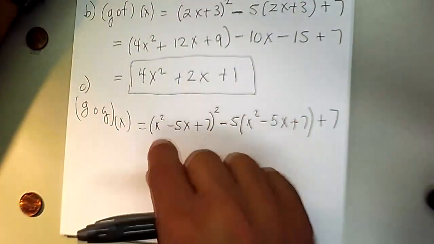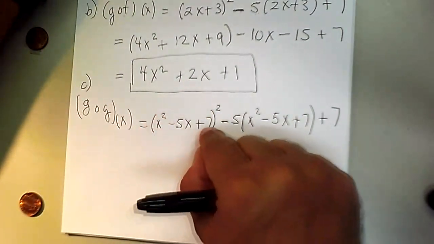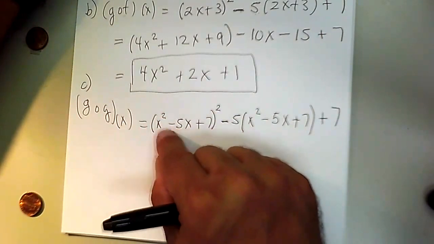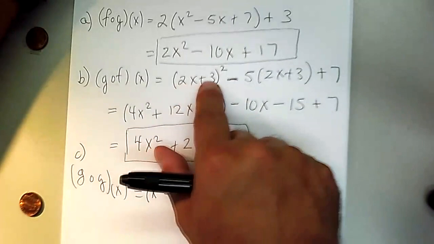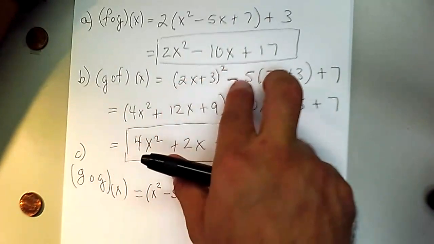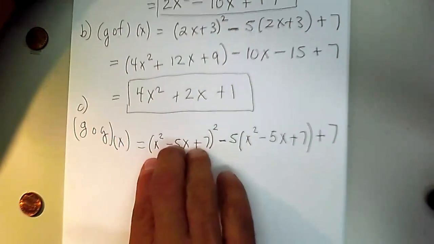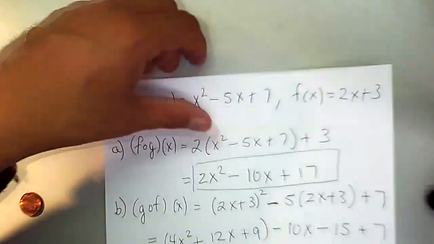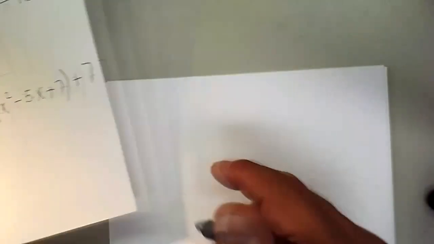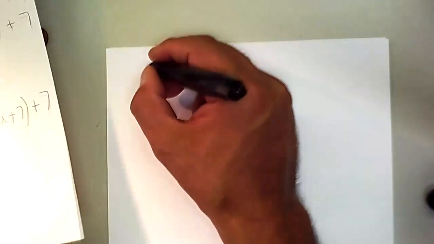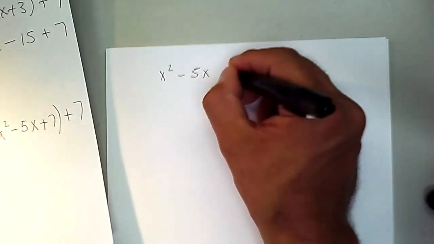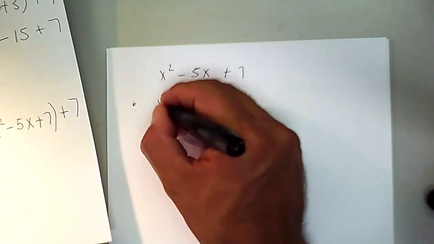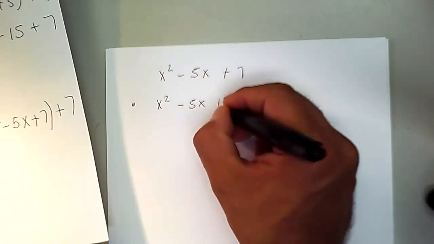But anyway, okay, so we have to FOIL this out. That is not easy, and I shouldn't say foiling because foiling applies to binomials, 2 terms times 2 terms. This is 3 terms. So I'm going to do that on the side. I'm going to pause this computation because we need to multiply x squared minus 5x plus 7 times x squared minus 5x plus 7.